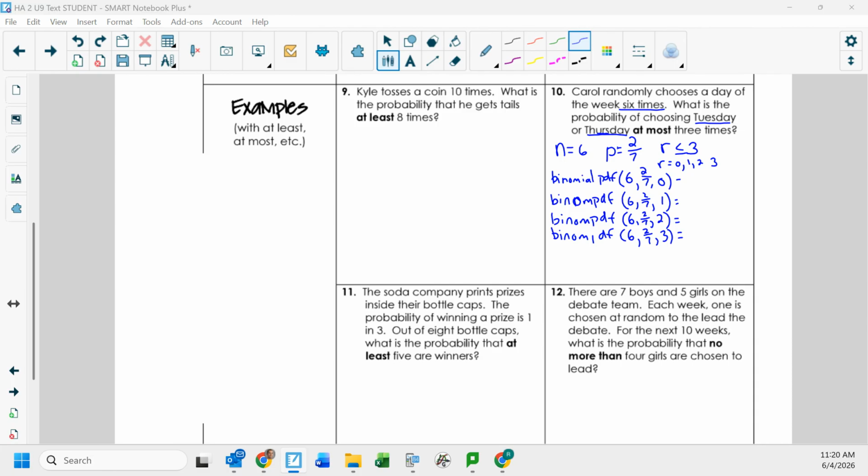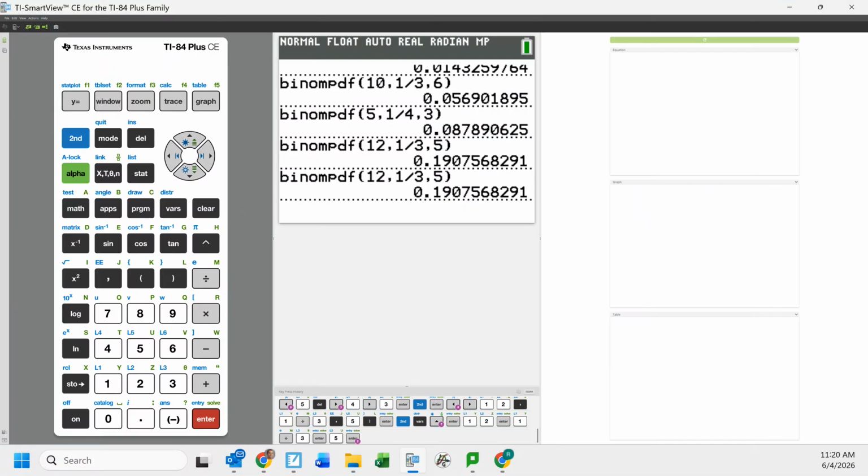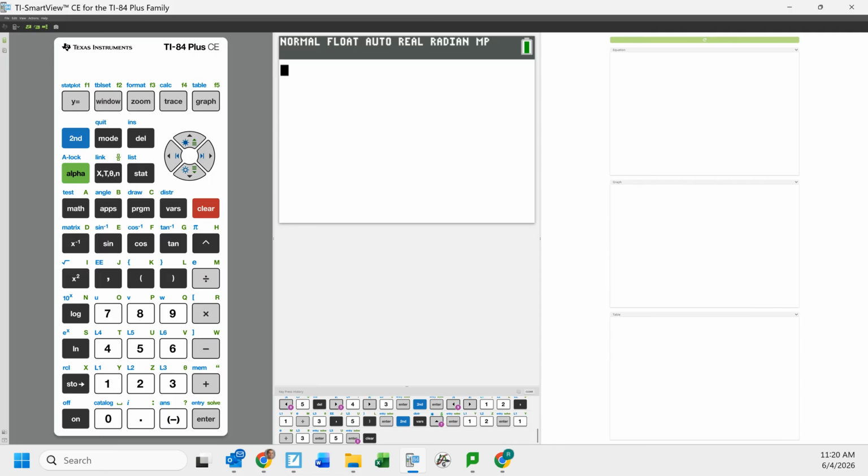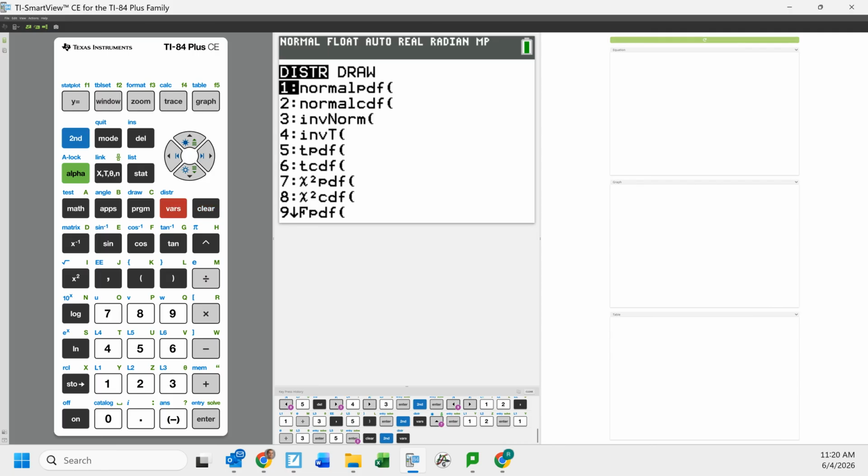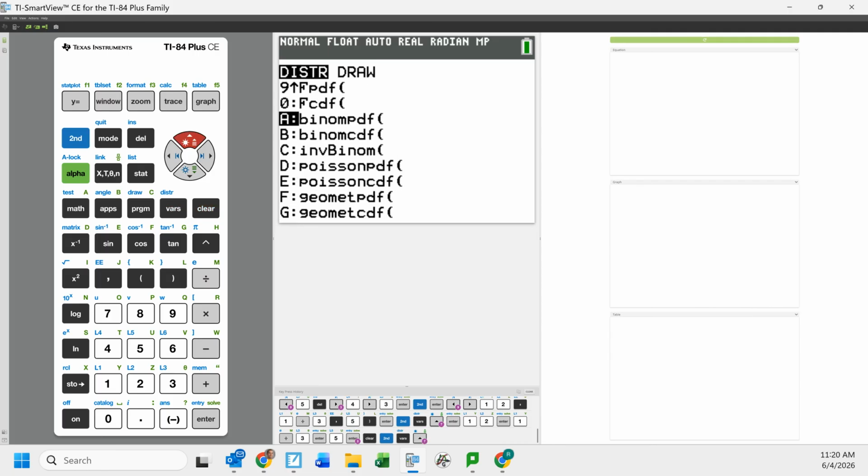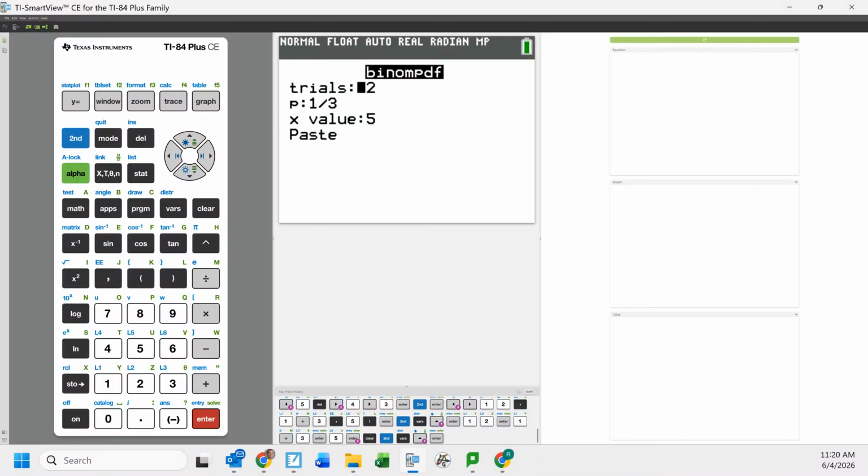So let's just go ahead and do that. The good thing about this is once we have it typed in once, we can just do second enter and just change those r values. So again, reminder to get those binomial PDFs, we press second distribution, scroll to letter A. My n is 6. My success is 2/7. And I'll do 0 first.